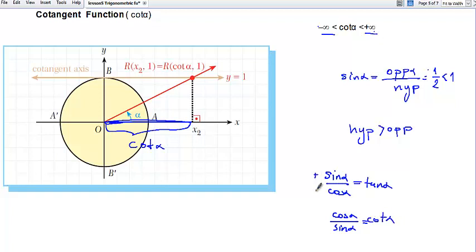So when one is positive and the other is negative, the value is going to be negative. And if they are both negative, then the tangent and cotangent values are going to be positive.